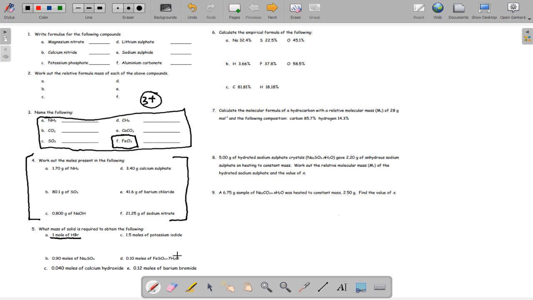It's hydrated, that one, and 0.04 moles of calcium hydroxide and 0.12 moles of barium bromide. So you need to work out the formulas of the ones you don't know, and work out the MRs for these ones, and then use the mole equation, which is moles equals mass over MR, in order to work it out.